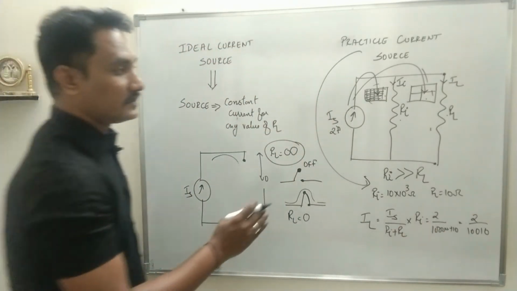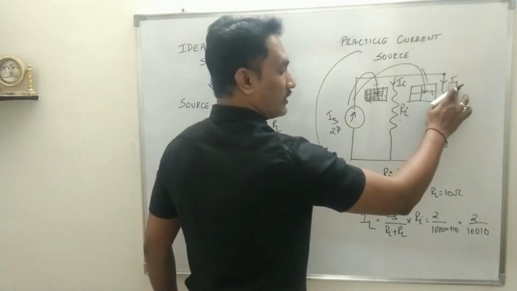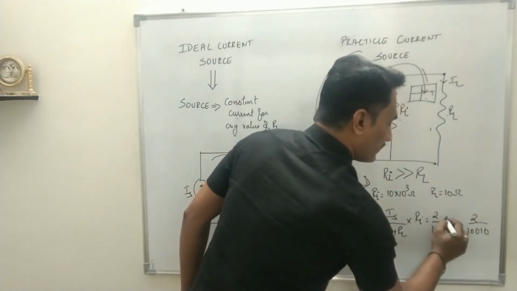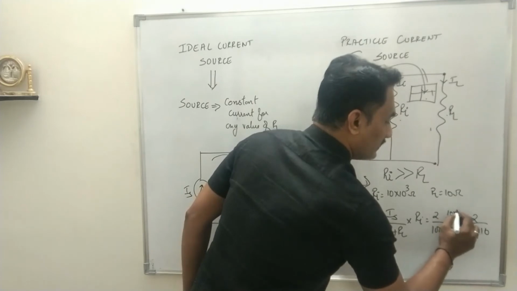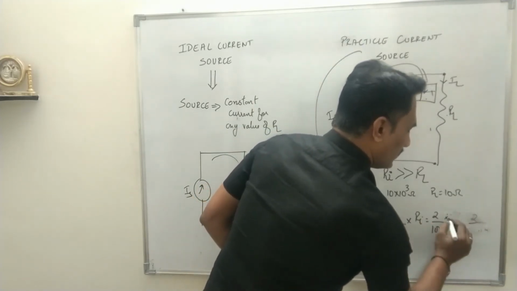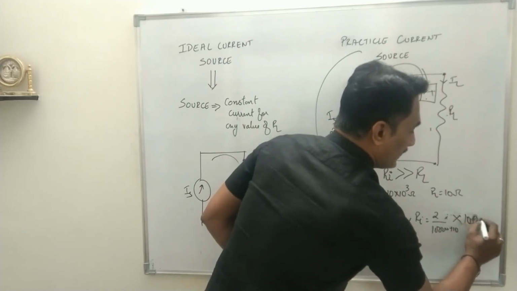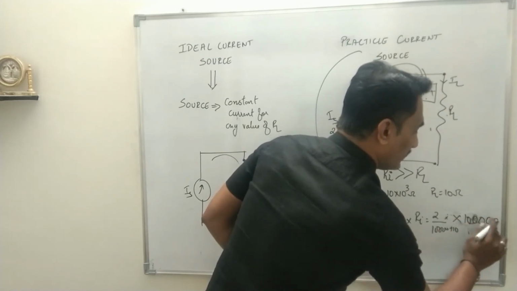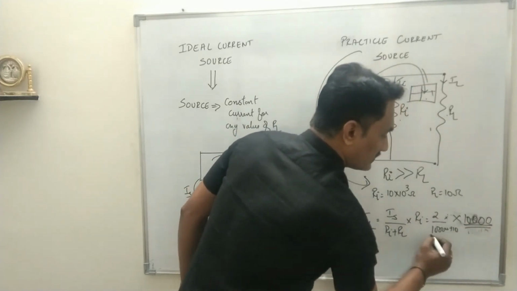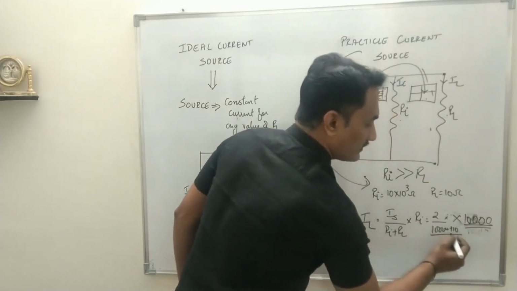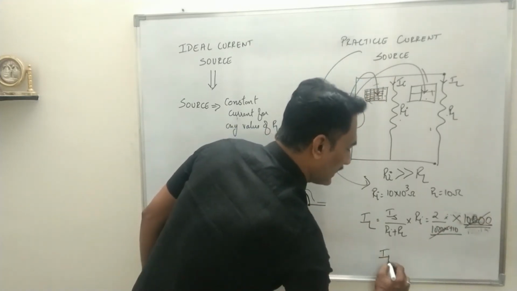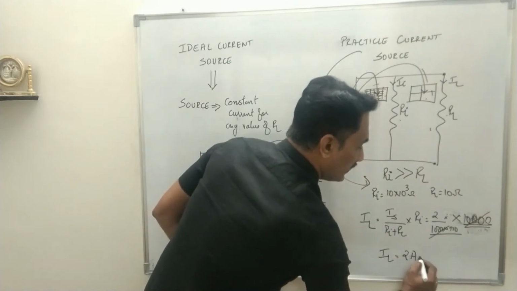This is the current multiplied by, sorry, here Ri will be 10,000. Now this 10,000 and this 10,010 are almost the same, so they will cancel each other. So IL will be 2 ampere.